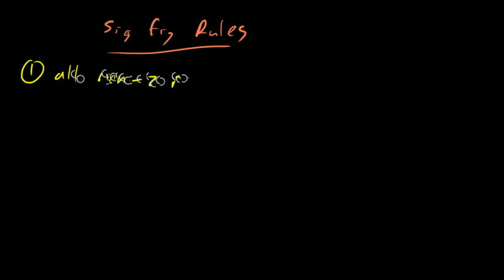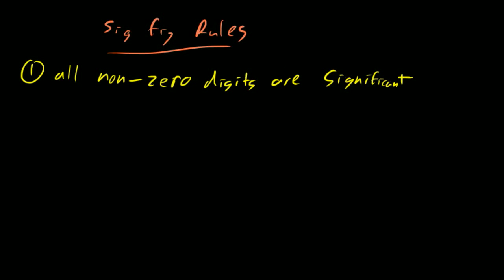non-zero digits, or actually, you know what, I shouldn't say numbers. All non-zero digits are significant. So that means, if I gave you an example of 23.05670, something like that, we already know, based on this rule, that every non-zero number is significant.